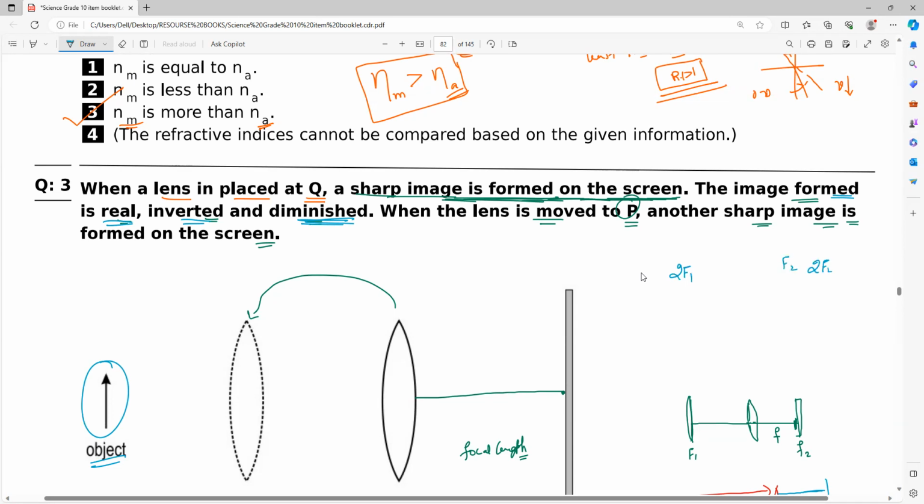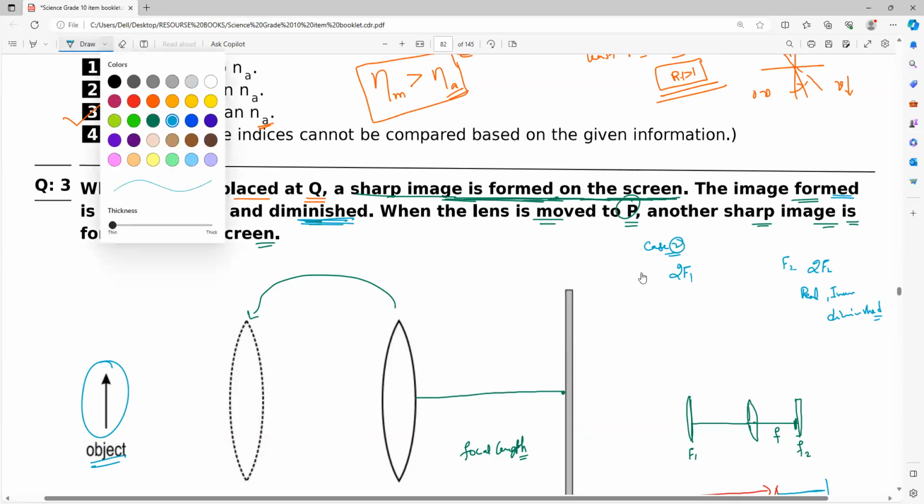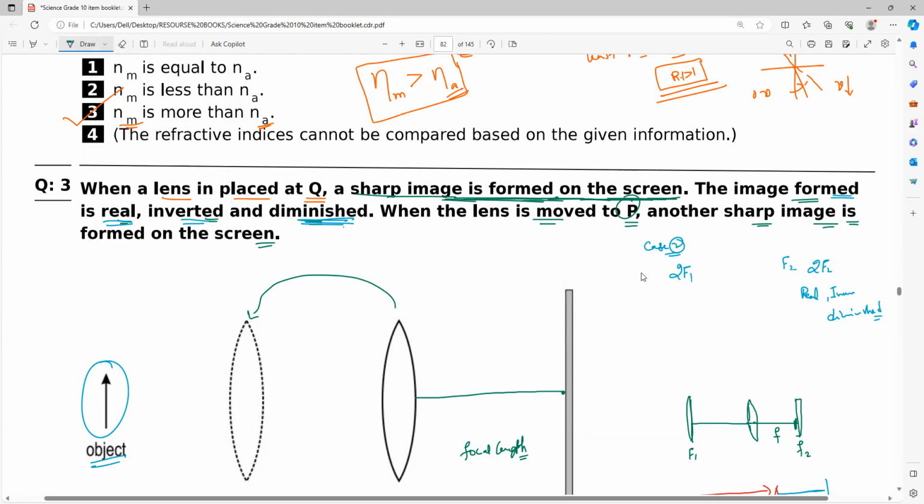Remember, everybody? What are the characteristics of the image? Real, inverted and diminished image. Check it, everybody. Case number 2, I think. Is it right? Verify. Yes, sir. So please remember, real, inverted and diminished image is case number 2.